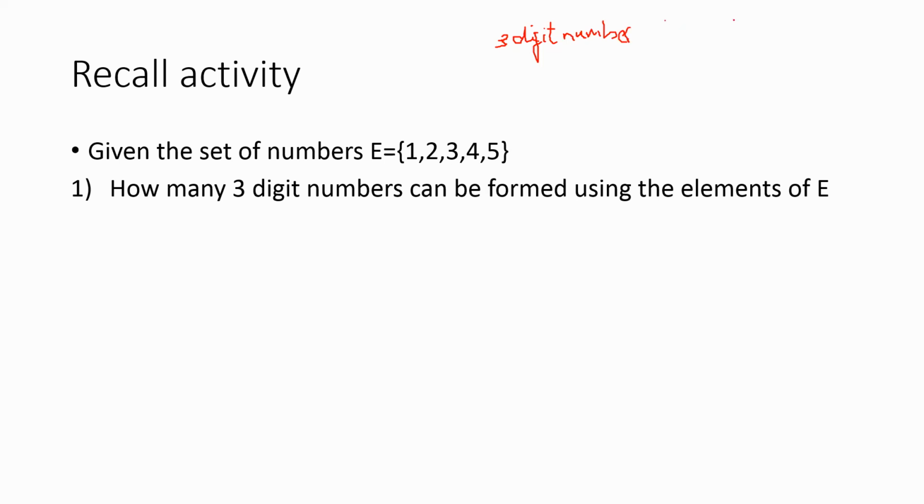I put 3 boxes. For the first digit, how many choices do I have? 5. So for the first digit I have 5.